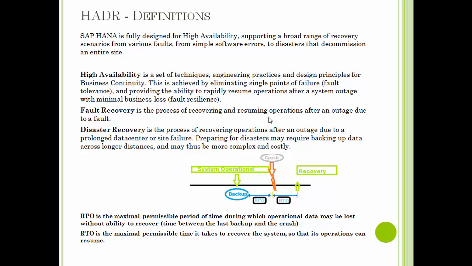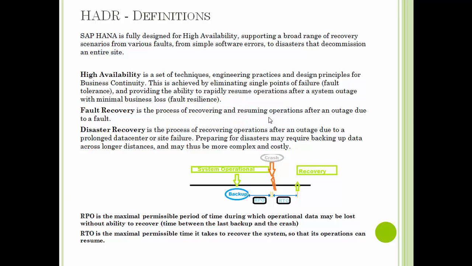Host auto failover is basically a local n plus m implementation. It's a fault recovery solution which can be used as a supplement or probably regarded as an alternative measure to the system replication solution. I'll come to what is system replication.